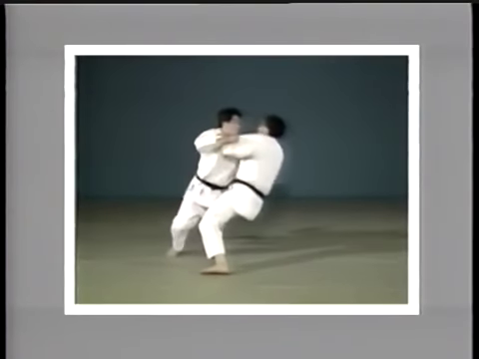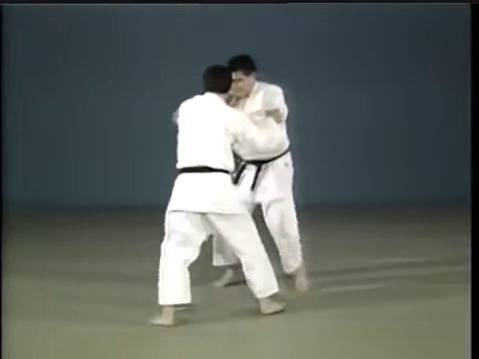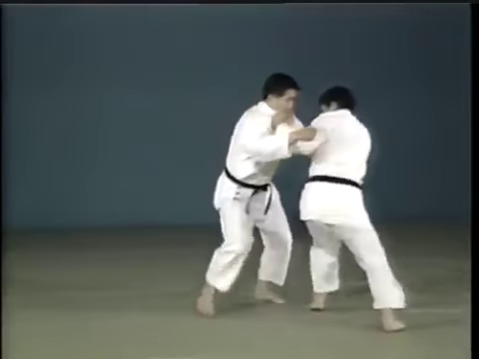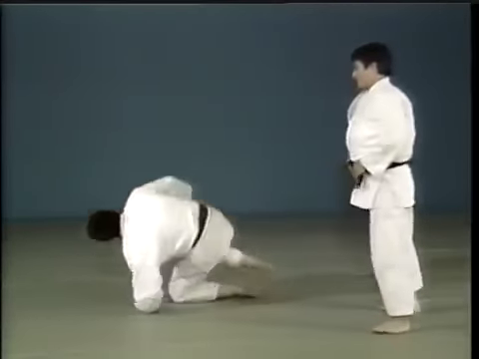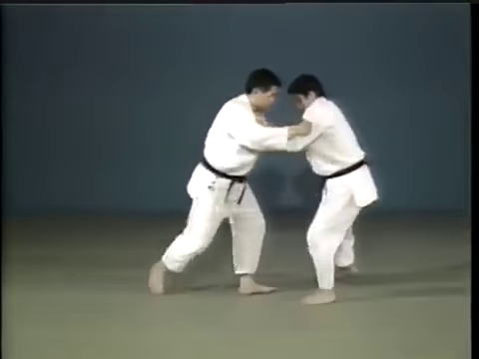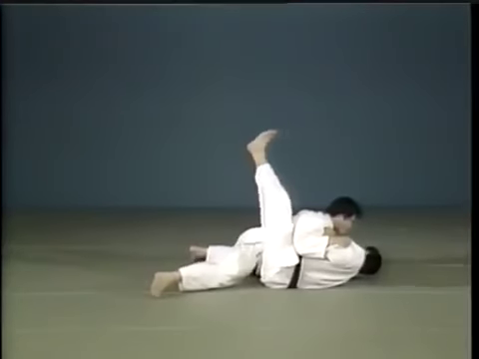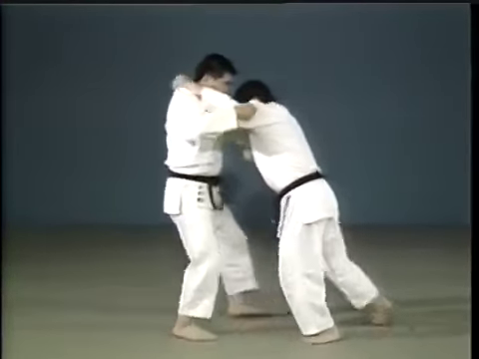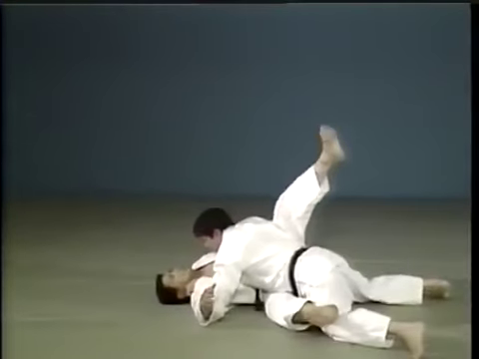O Uchigari. Pull your opponent's foot forward, then just as he tries to put his weight on that foot, clip his foot and make him fall. Here the opponent is pulled in close, then clipped the moment he tries to rise up.